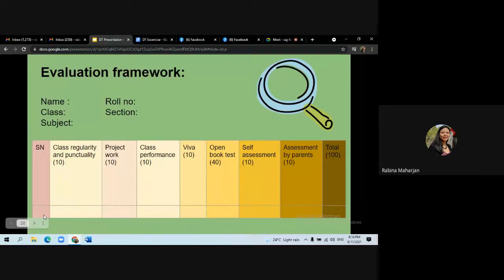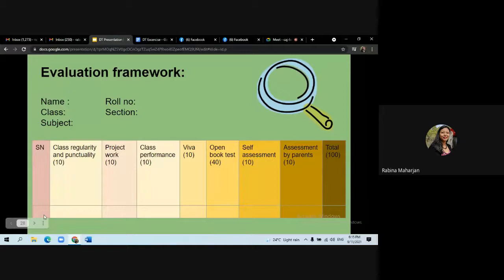We have made an evaluation framework as a prototype, which is presented here in the form of a table. We will evaluate our students in total marks of 100. The 100 marks are divided as class regularity and punctuality 10 marks, project work 10 marks, class performance 10 marks, viva 10 marks, open book test 40 marks, self-assessment 10 marks, and assessment by parents 10 marks.